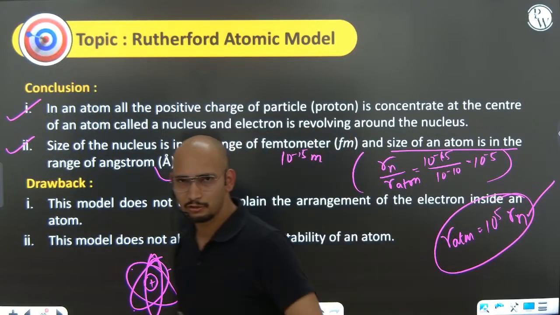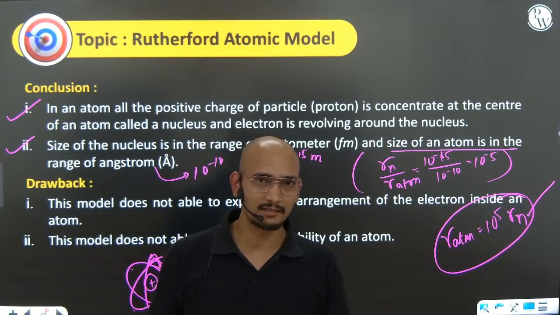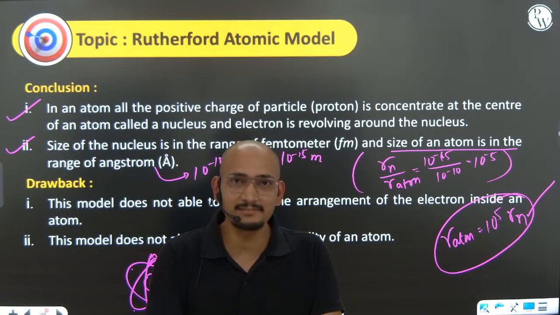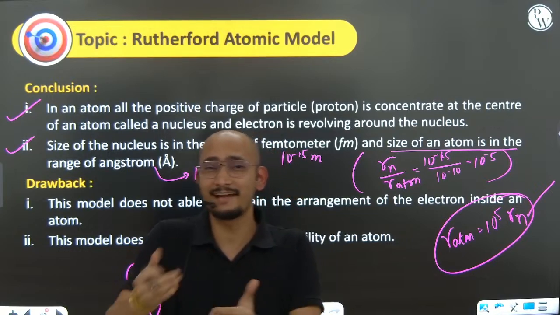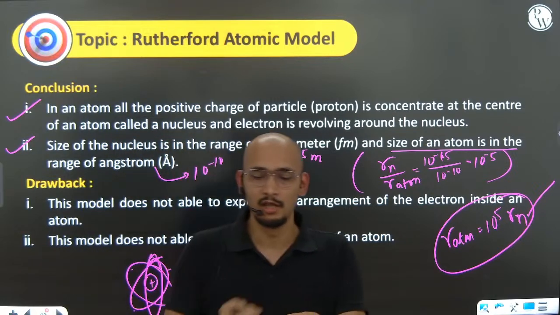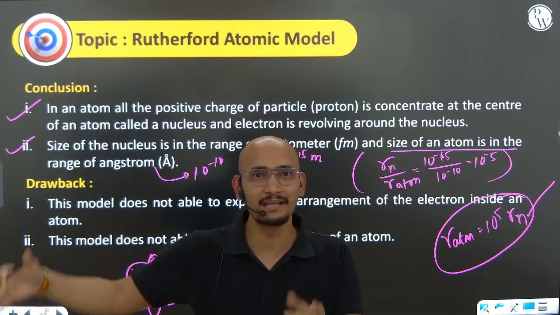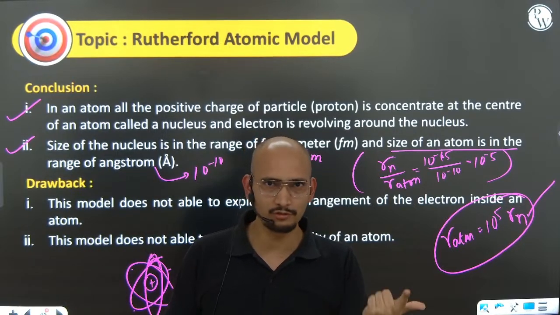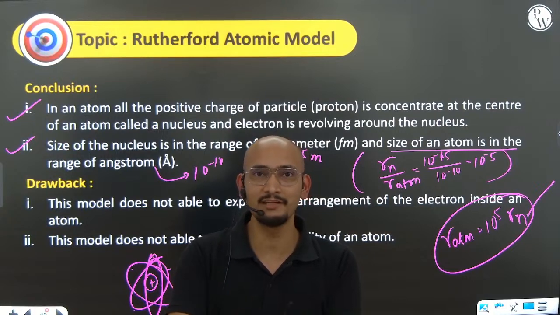Maxwell's electrodynamic theory now comes into the picture, and it was already given. What was that? It tells that if there is any charged particle inside some external magnetic field, it will keep on losing its energy by radiating electromagnetic waves. So the electron is also charged, and of course it is under the magnetic and electrical field of the nucleus.